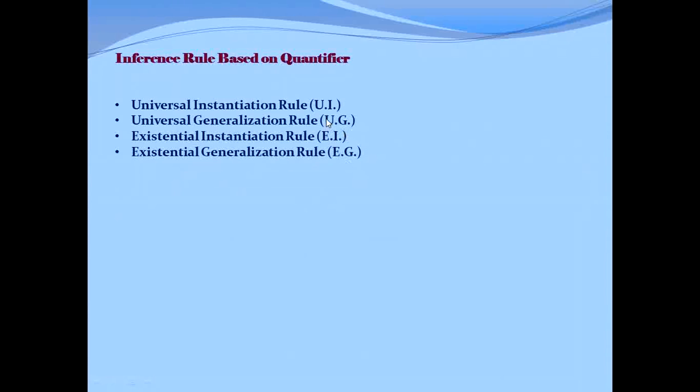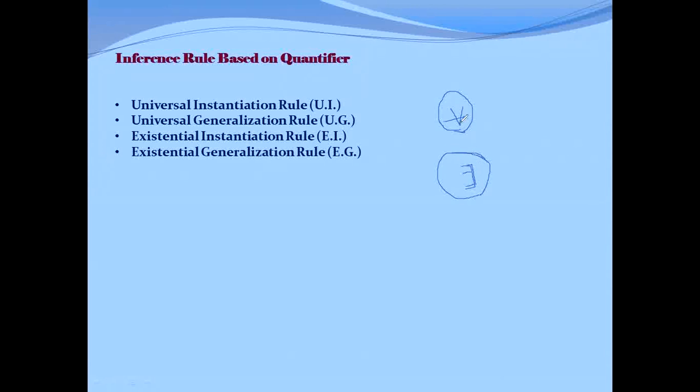As I have already discussed earlier, the universal quantifier is denoted by ∀ like this, and the existential quantifier is denoted by ∃ like this. ∀ means all, and ∃ means some, not all. If all are true or all are accepted, then we use for all, and if any one among them is not correct or not taken, then we use there exists, which means some.